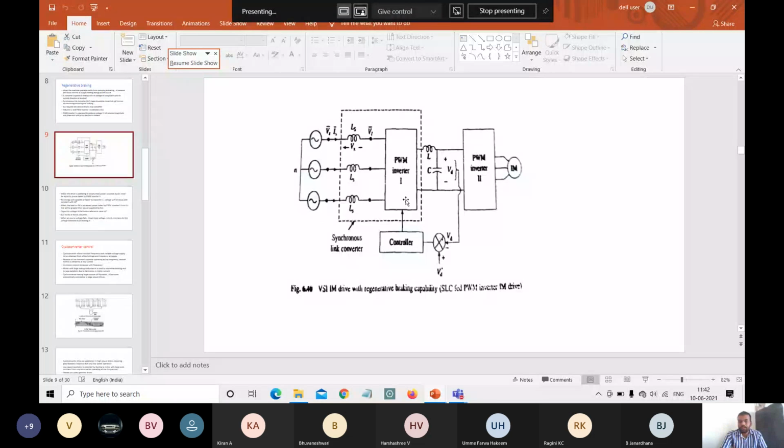Before that, both should be equal. But if the load on the induction motor increases, at that time the power taken by inverter 2 should be higher than the power supplied by the SLC.